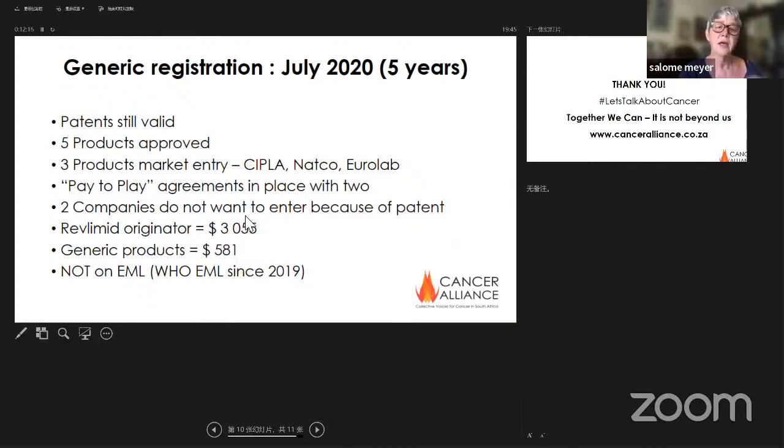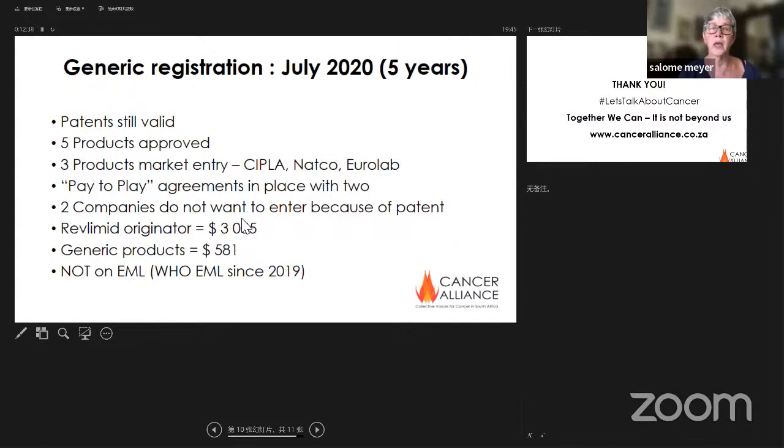However, generic lenalidomide is still not available for our public sector that serves 84% of the population. And the reason for that remains affordability. It is still unaffordable for the public sector to procure.